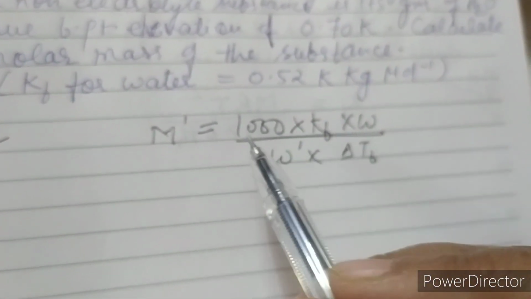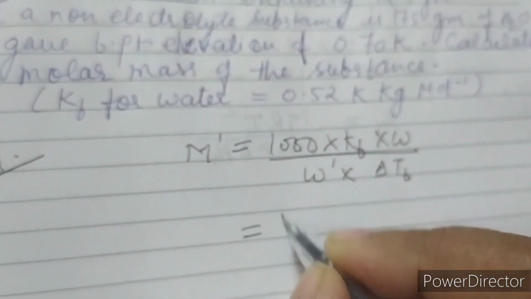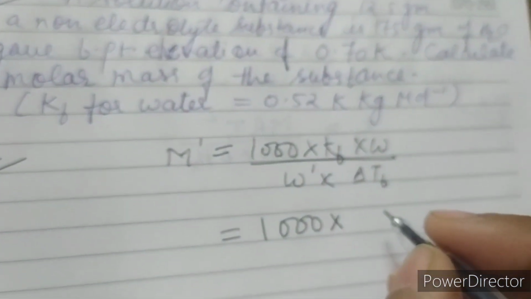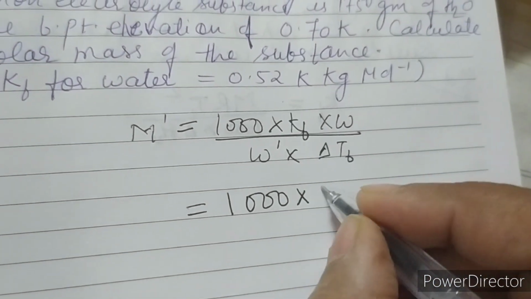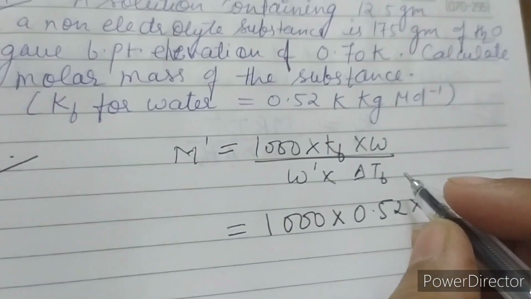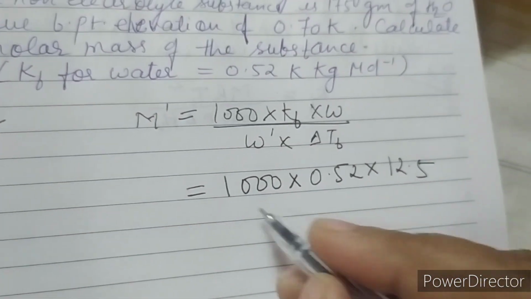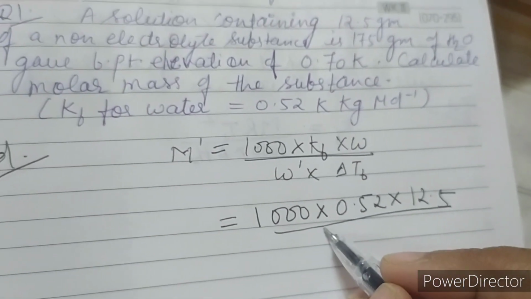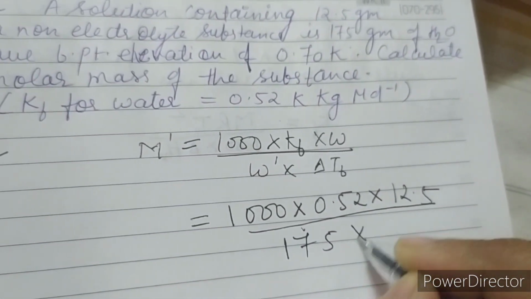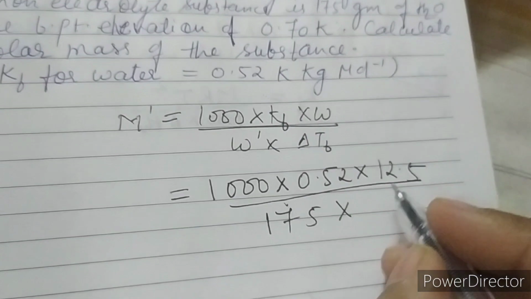So I have already put the formula, that is 1000 into Kb into W upon W dash into delta Tb. That is equal to 1000 into Kb, given as 0.52 for water, into the weight of the solute, that is 12.5 gram already given in the question, divided by the weight of the solvent, that is 175 gram, multiplied by the elevation in the boiling point, that is given as 0.70 Kelvin.